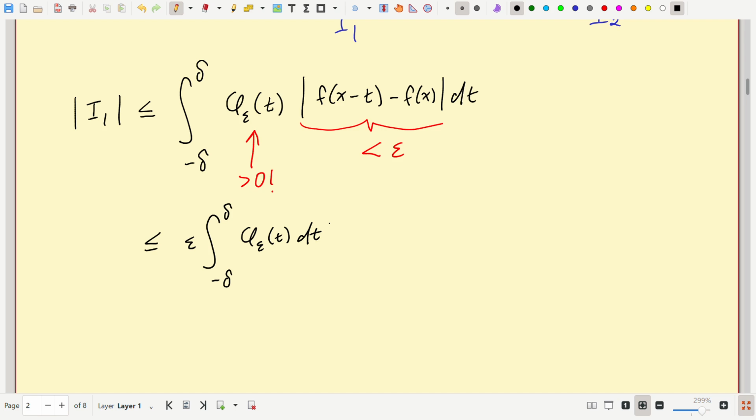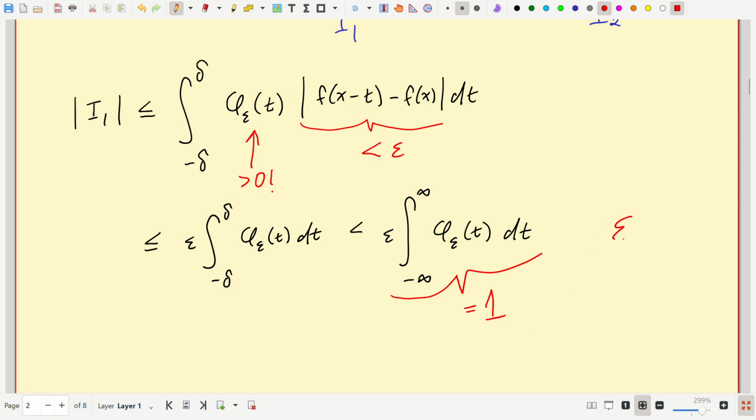And the integral would be less than or equal to the integral of the whole thing, and the integral of that whole thing is 1. Here I'm using it's positive also, so in fact, it's strictly less than this, because it's never 0. And this thing is 1. So I get epsilon over 2.